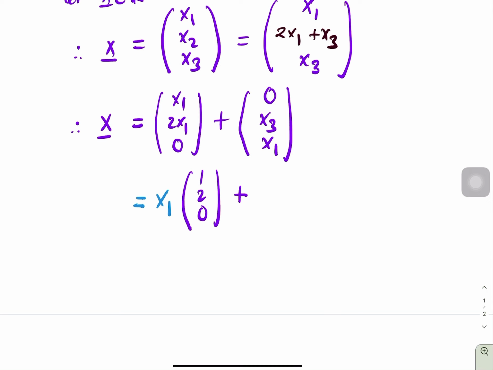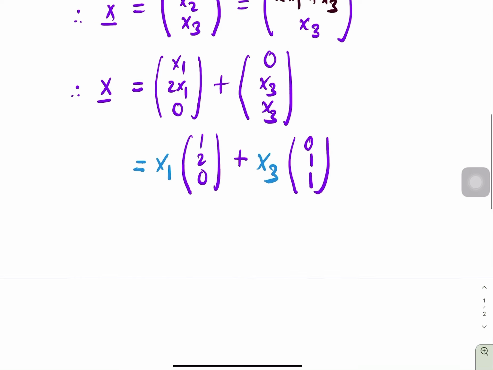You can take out your x3 here. I think I need to write x3 here. I made a blunder, so this should be x3. This is x3 I'm talking about. I hope that you will forgive me for that. So now you're going to get x3 times 0, 1, and 1 there.